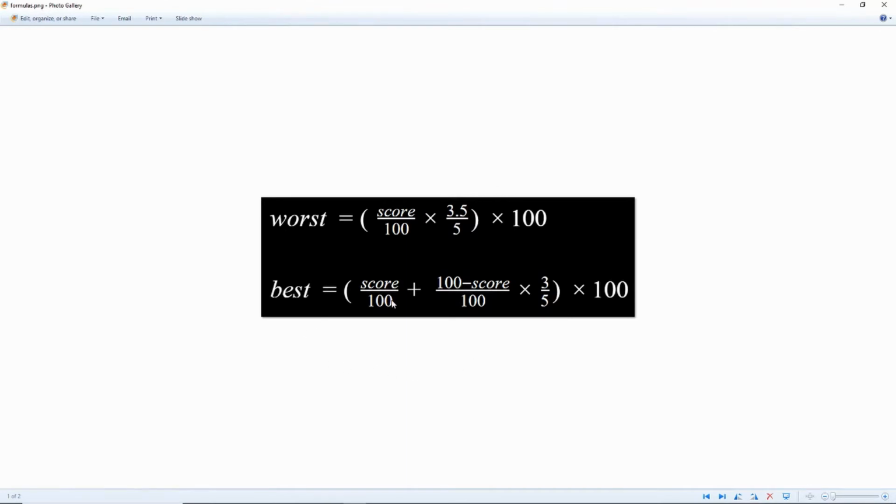The best score formula assumes that all the scores above 3.5 stars are given 5s, which is 1 out of 1, 5 out of 5, right? And all the ones below are 3, which is the highest below 3.5 star score, since Rotten Tomatoes only uses increments of half a star. And notice that both these formulas are multiplied by 100, just so that they're easier to read.